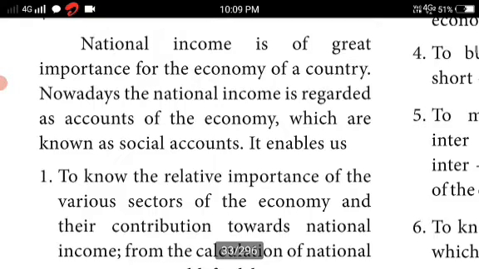National income is of great importance to the economy of a country. Nowadays, national income is regarded as the account of the economy, which is known as social account. Underline it. This is also one more question. So, national income is also known as social account.